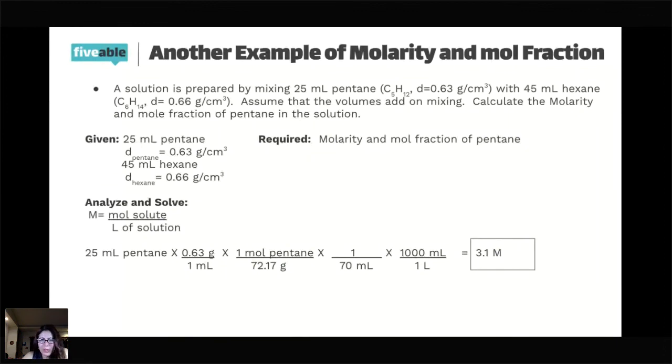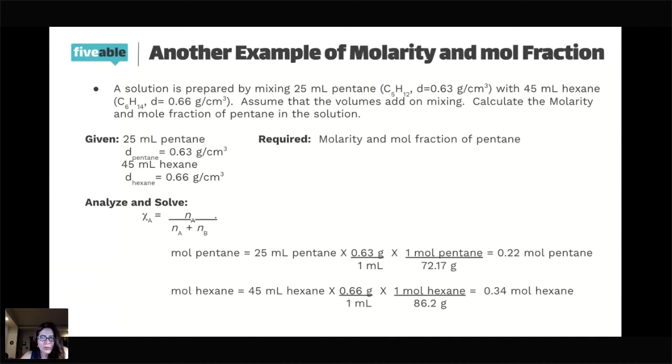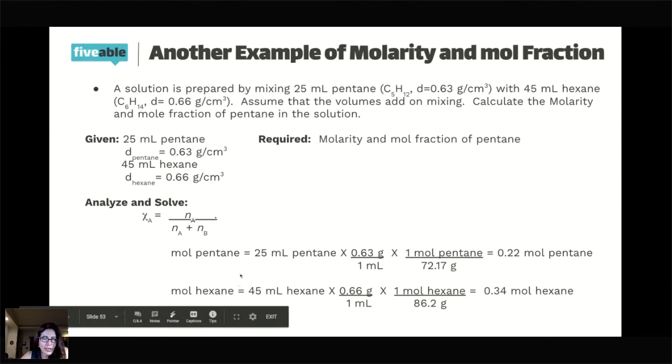Okay, moving on. So now we have to calculate the mole fraction. So we do the same thing. We get the moles of pentane and the moles of hexane, and then we place them in the fraction. For the moles of pentane, we use the same process to get moles.